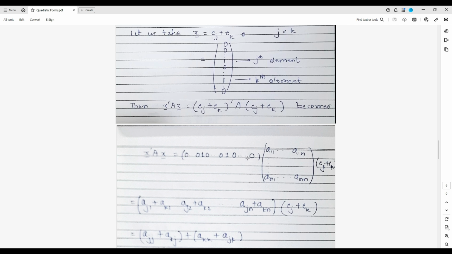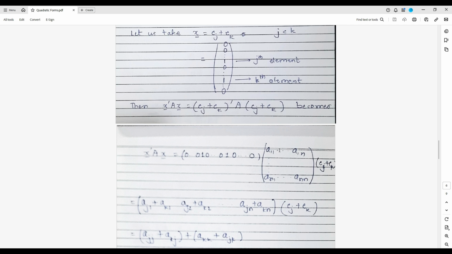let us consider the first part, that is multiplying capital A by (ej plus ek) transpose. So I have the jth element 1 and the kth element also 1. And now what will happen is, if I multiply this vector with the first column, then I'll get the addition of the jth and kth elements of the first column.